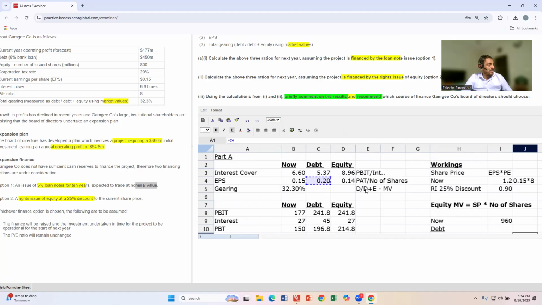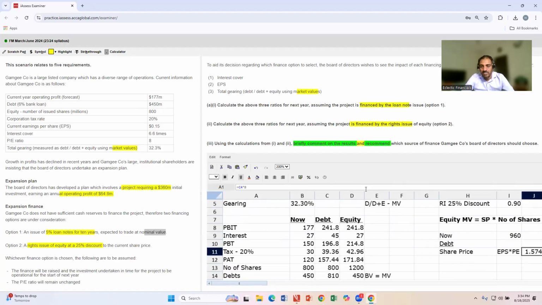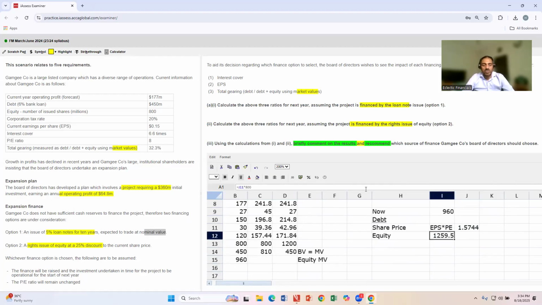Earning per share, 0.2 multiplied by 8. That means 1.57. And what is the value of equity? It is equal to 1.57 into 800 shares, 1259.